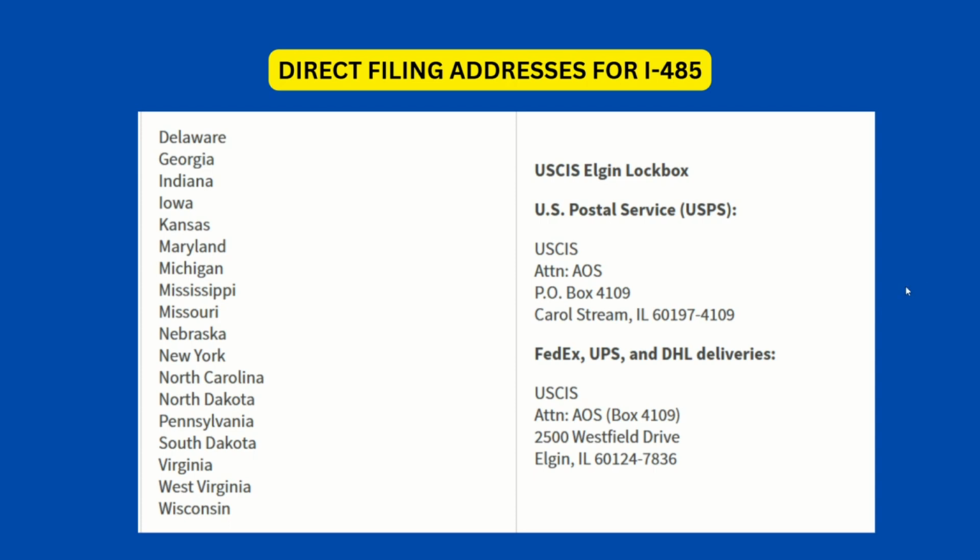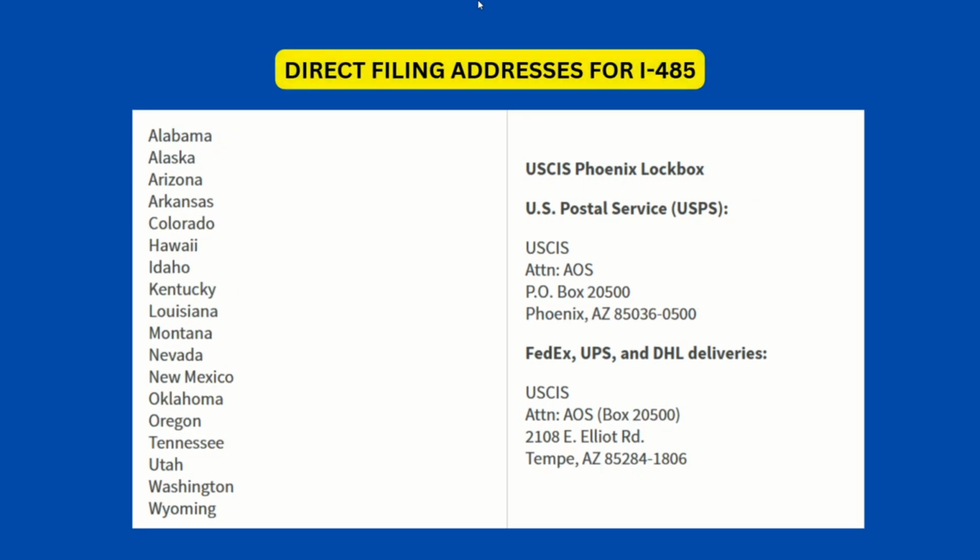If you're from the following states, this is your USCIS Elgin lockbox. Please make sure to send to the correct mailing address if you are using USPS versus other courier services such as FedEx. However, you will be assigned to the USCIS Phoenix lockbox if you are filing from the following states on the screen. Make sure also to check the correct mailing address if you are using USPS or FedEx.